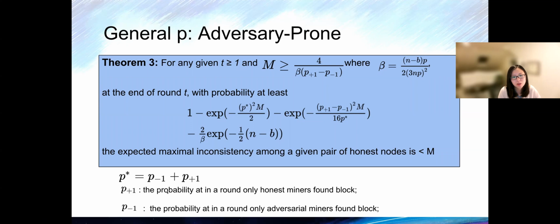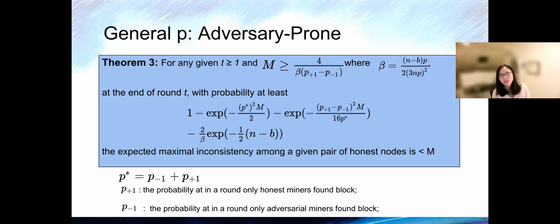In particular, P plus 1 is the probability that in a round only honest miners found a block. There could be multiple honest miners finding blocks here, and P star is nothing but the summation of these two. The theorem says that for any such given T, with high probability, the fork length of any two longest chains is no larger than M.